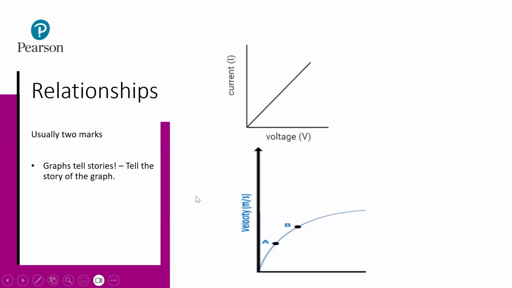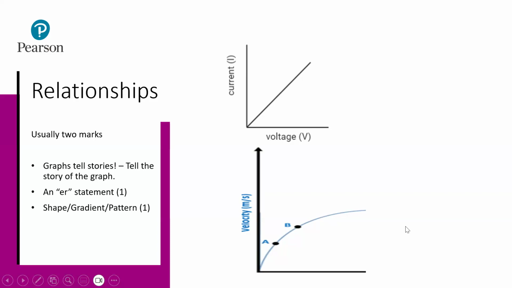So in my opinion, graphs tell stories. I want them to tell me the story of the graph. So 1 mark for a simple statement: the bigger the voltage, the bigger the current. And then a second mark, they've described something to do with the shape or the gradient or the pattern. This mark is easy. Most of them get that. Far fewer get the second mark, so it's worth encouraging that.